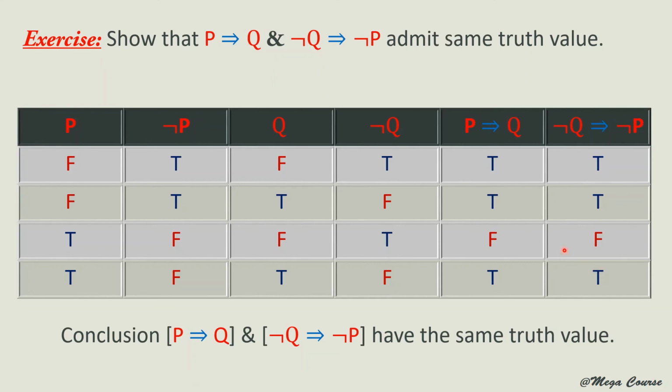We showed that P implies Q and not Q implies not P admit the same truth value. Ask me how. Here in the same row we have the same values: true, true, false, false, true, true. Hope you understood this. This was a very important one.